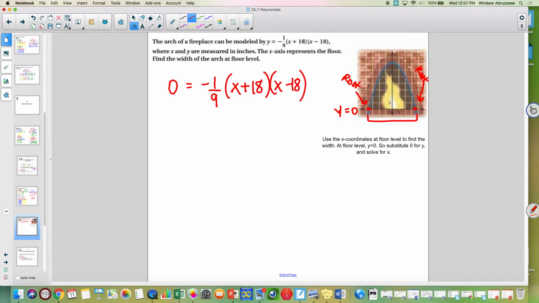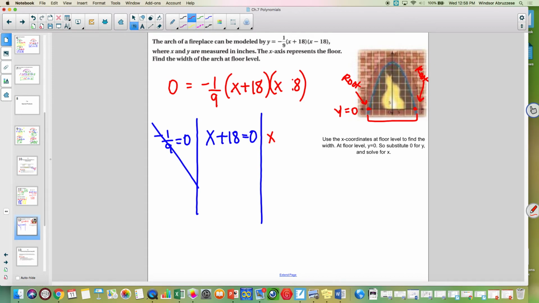Now solve for x. So I have 3 factors up here, but negative 1/9 equal to 0 we can't do. So we just eliminate that. And I'm left with x plus 18 equals 0, and x minus 18 equals 0.